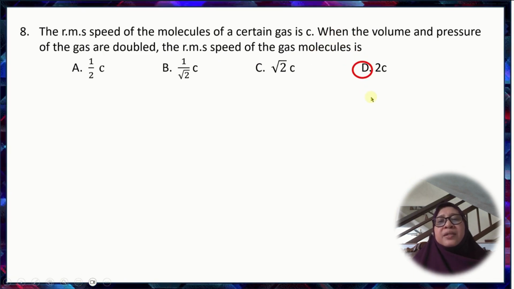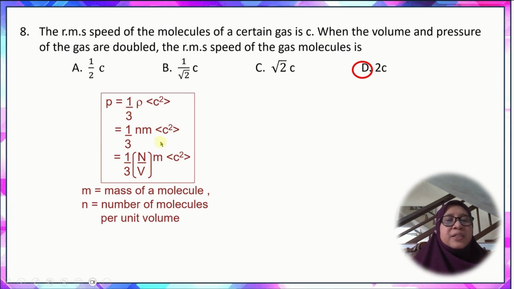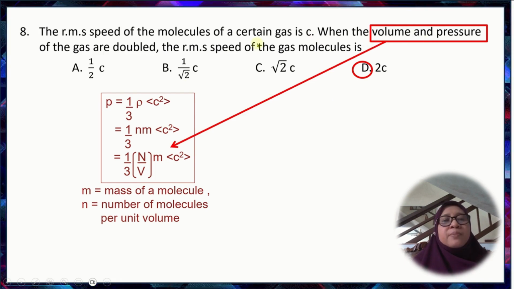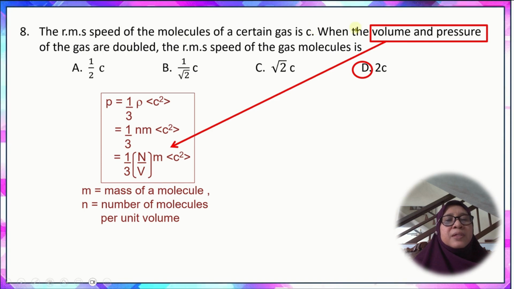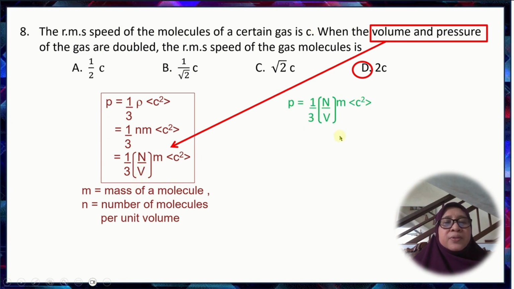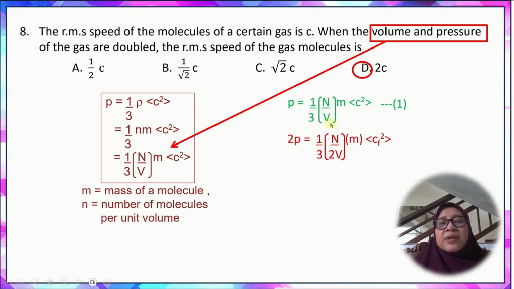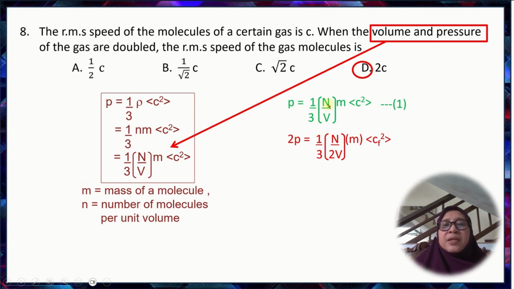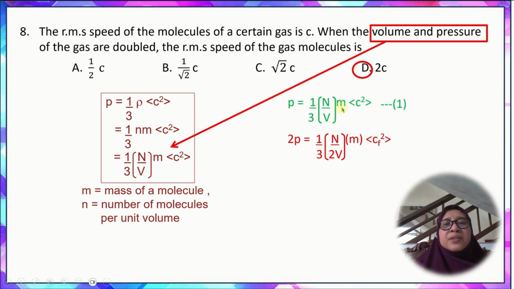So how do we get this 2C? From the equation here, we choose this one because the volume and pressure of the gas are doubled. So given volume and pressure, we choose this equation. This is for equation 1: P, N, V, and M, the mass of a molecule.